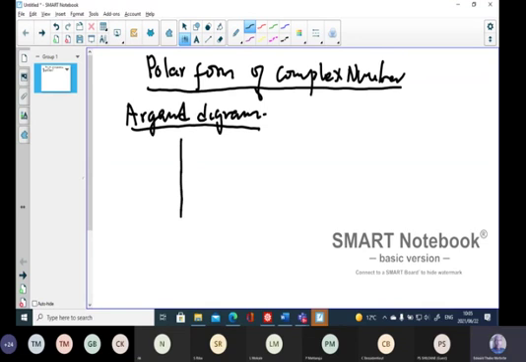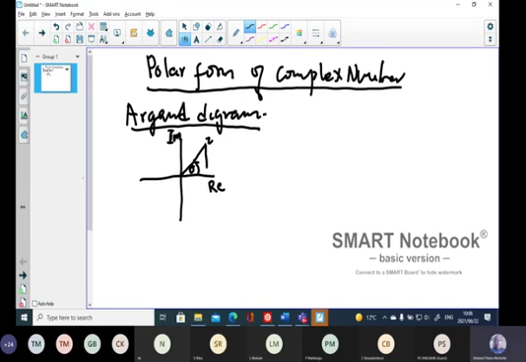So I'm going to plot it again. This is an Argand diagram. On the y-axis we have imaginary numbers, Im, and here we have real numbers, Re. Let's say our complex number is plotted from 0 up to a certain point, which is a plus bi, but in this case we'll just denote it by Z. So this will be my Z. Between the real axis and Z we have an angle, let's call it theta, moving in an anticlockwise direction.